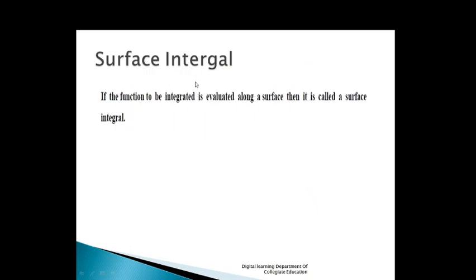Next, surface integral. If the function to be integrated is evaluated along a surface, then it is called a surface integral.